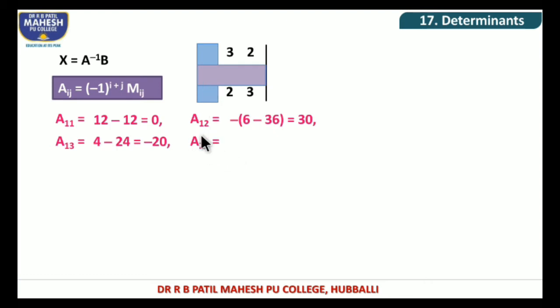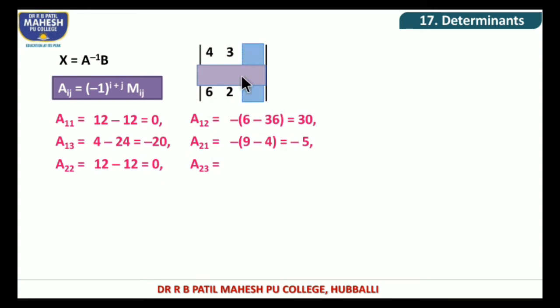Then for A21 we have the sign minus, then we have 9 minus 4, therefore it is minus 5. Next for A22 we have to delete the second row and second column, we have the sign plus here, then it is 4 into 3, that is 12 minus 12, again 0. For A23 we have the sign plus, eliminate the second row and third column, then we have 8 minus 18, then minus of minus 10 is equal to 10.